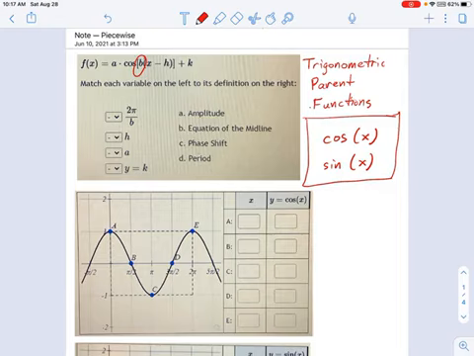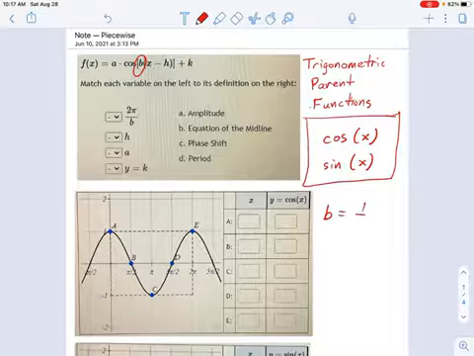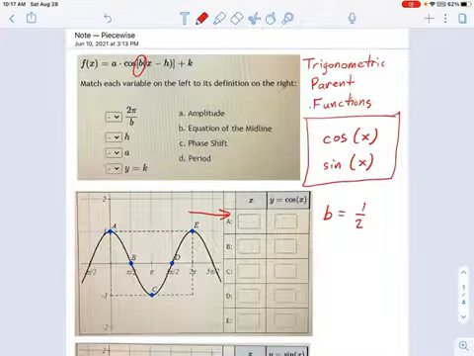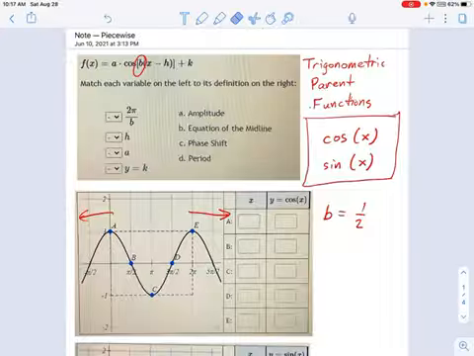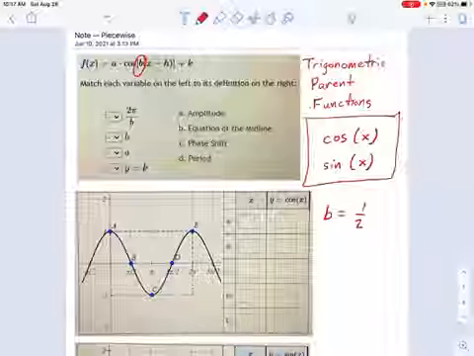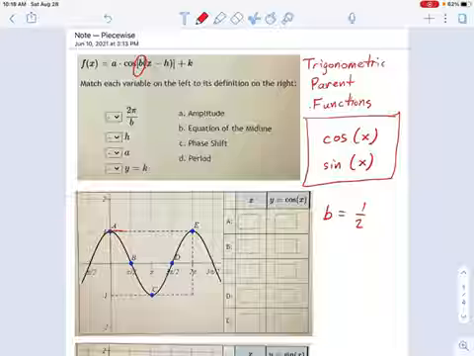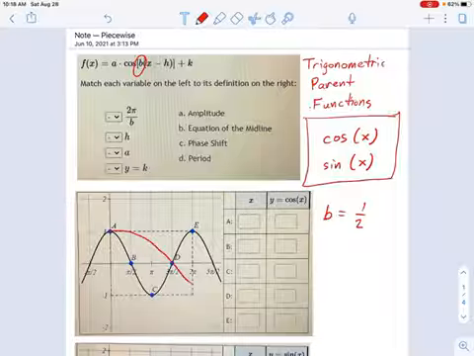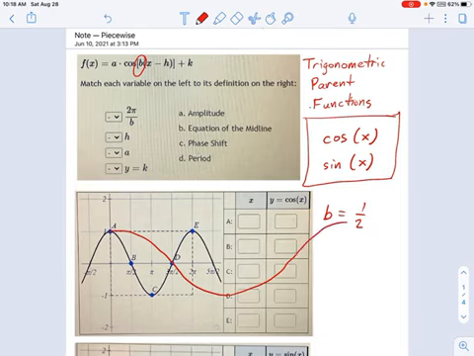If B is, let's say, 1/2, you might think that's a compression, a shrink, but because it's inside the parentheses, it's operating on X, everything's backwards. So actually, it would stretch our curve like this. It would make it longer in the X direction. And that's just going to take a little time to get our heads around, but we'll get there. What it would look like in this picture is the curve would be way stretched out like this. It would be really long.